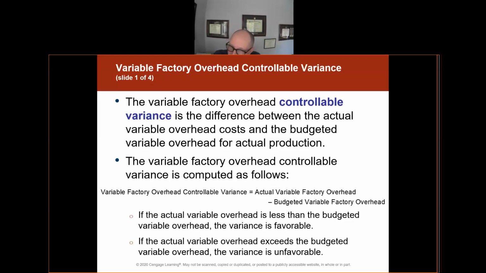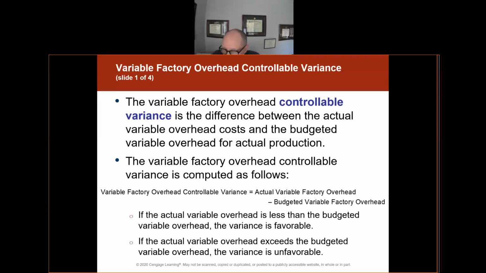It's just like before. We're trying to find the variance, so you take your actual minus your budget or your standard cost. We do it for both fixed and variable to find the difference, right? Again, we're just getting more granular. It's the same exact concept as before.